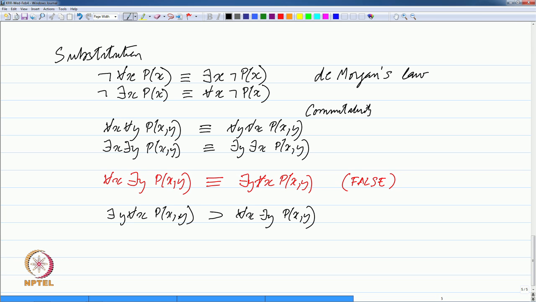If you look at the left hand side, let us say P stands for admires. Okay. So, P x y stands for the fact that x admires y essentially. So, the left hand side is saying that there exists some y who everyone admires. There exists a y such that for all x P x y is true.